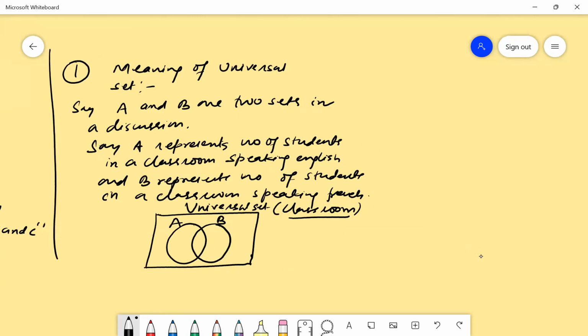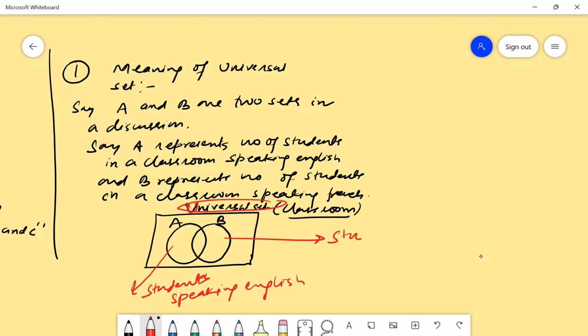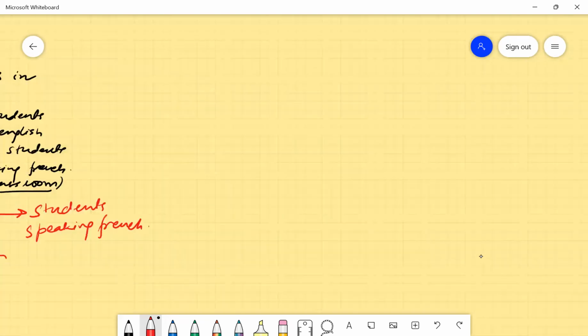So as far as number of students is concerned, the total number of students in that classroom is this universal set. Now, what about this A and B? A means students speaking English. What does the set B mean? Students speaking French, right?